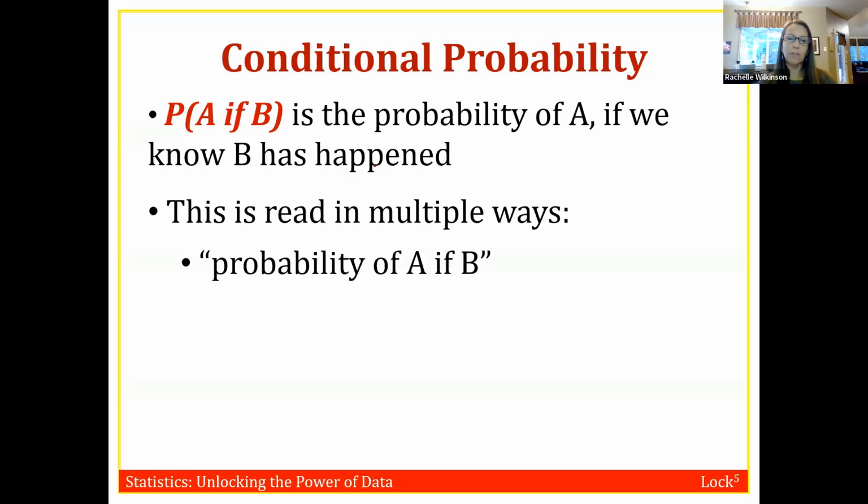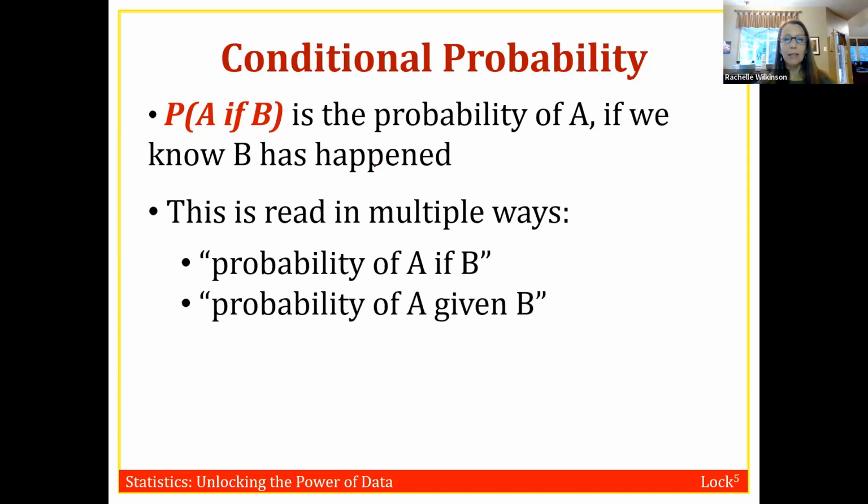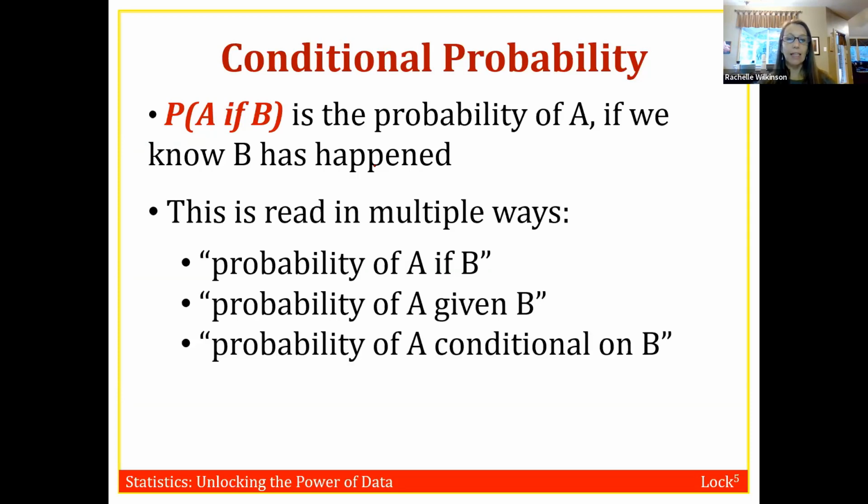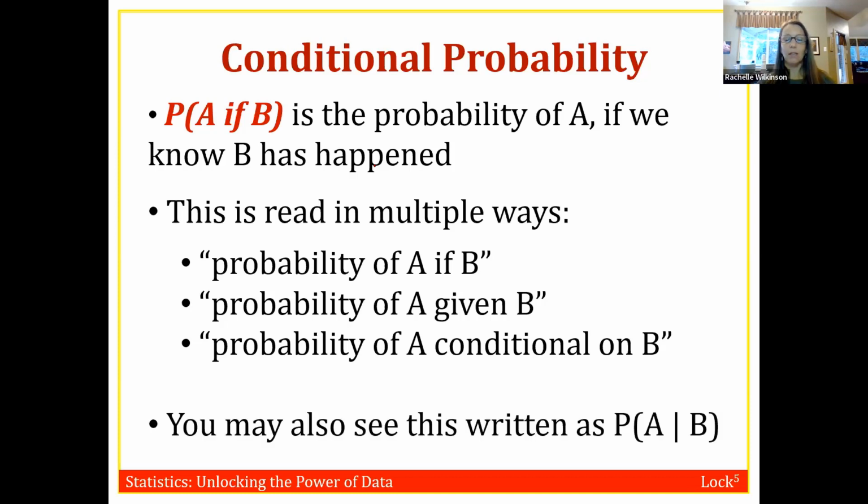We might say the probability of A if B, the probability of A given B, the probability of A conditional on B. And when we write it out, and this is how I often write it because this is how I learned probability, you might see it written as P(A | B), with a big vertical line. The big vertical line means given that B occurred, basically. So these are all different ways to say the same thing here.